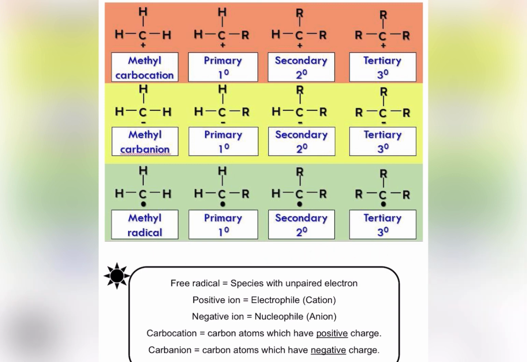As you see from here, methyl carbocation, methyl carbanion, and methyl radical. I'm not focusing on methyl carbanion too much because this one is out of the syllabus, but at least I want you to see that methyl carbanion can also exist as primary, secondary, and tertiary. Same case with methyl carbocation and methyl radical.